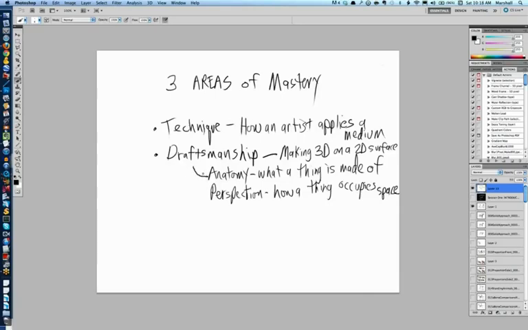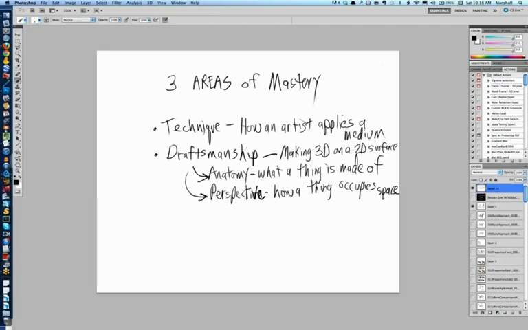Anatomy is what your doctor knows or your veterinarian knows, and yet your veterinarian cannot draw animals nearly as well as a skilled draftsperson who knows a fraction of the anatomy that the veterinarian knows.